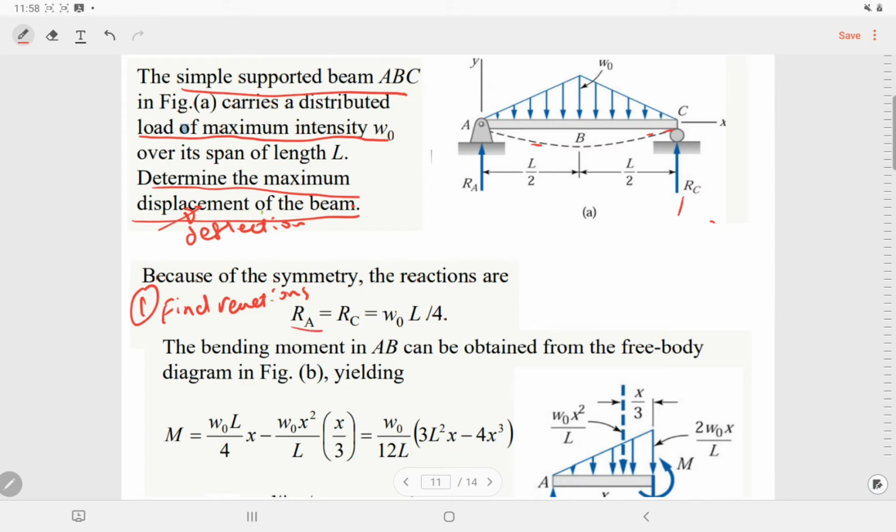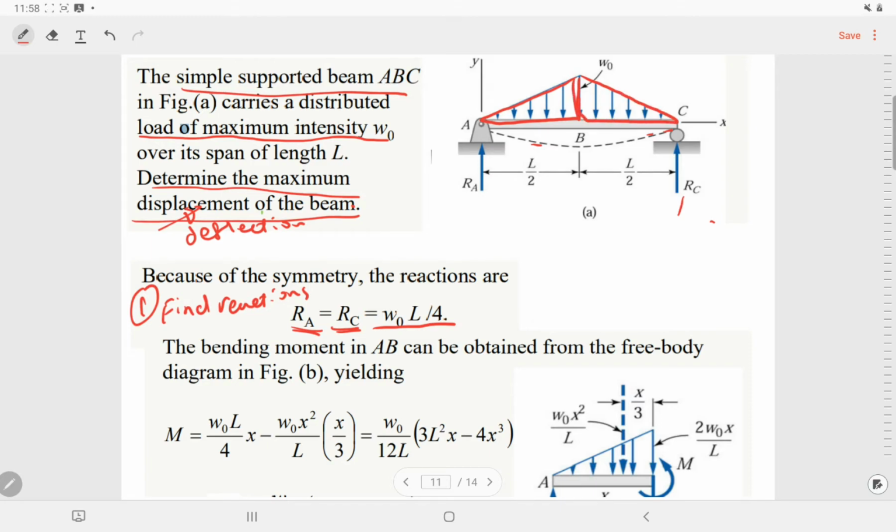To find the reaction, we have RA equal to RC. Why? Because it is symmetric, and it equals W naught L over 4. Why? Because you see this triangle, we have two triangles, this one and the second one.